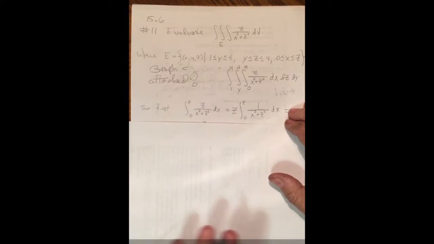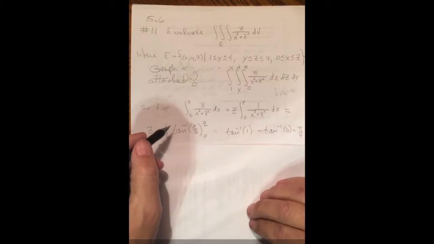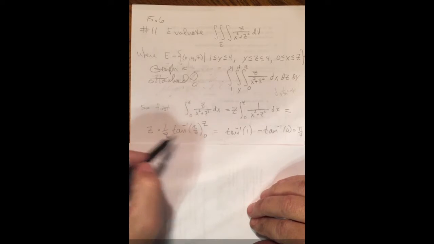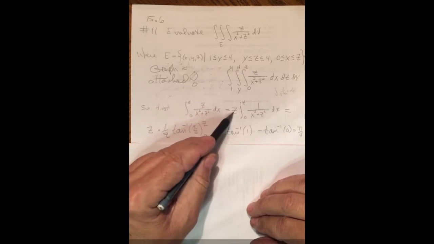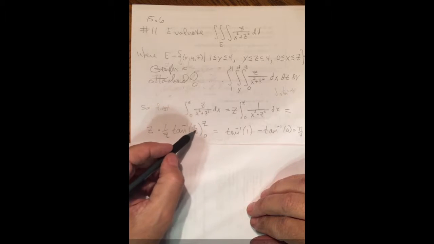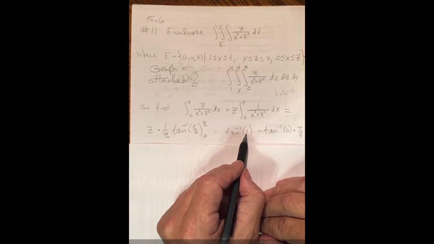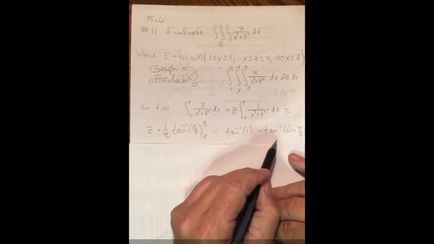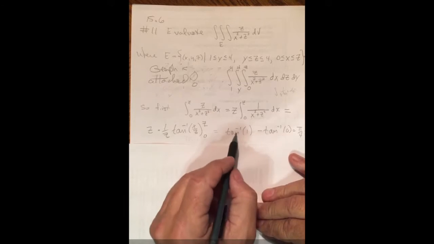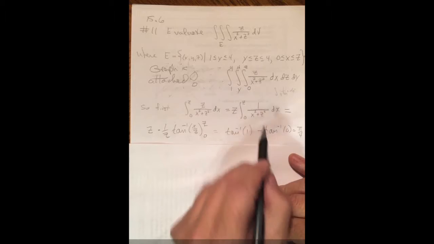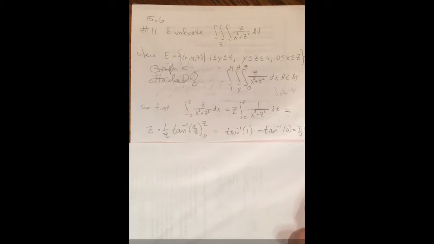And when you integrate that, lo and behold, you get 1 over z inverse tangent x over z, times the z that you factored out, evaluated from 0 to z. Now, if you let x equal z, you get the inverse tangent of 1. And if you let x equal 0, you get the inverse tangent of 0, which is 0. The inverse tangent of 1 is pi over 4. So this innermost integral results in pi over 4.